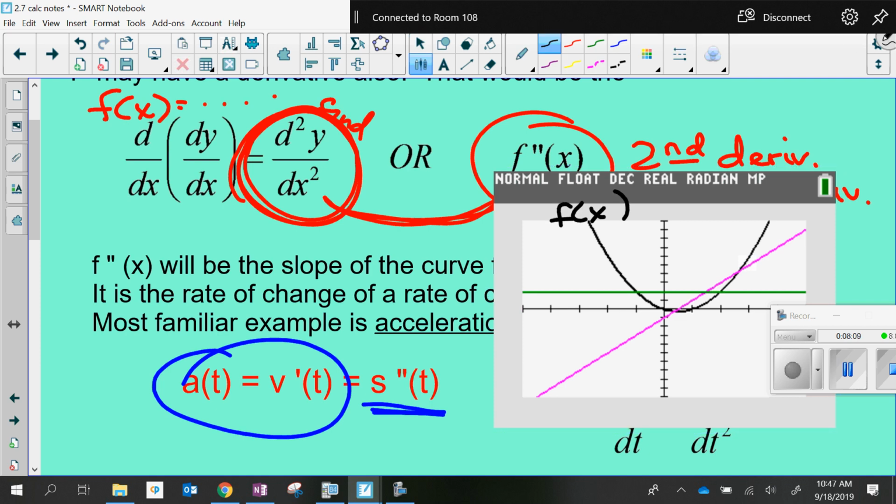Where, what's happening from here to about right this point? What is happening with that? What is it? Decreasing. Awesome. So f of x is decreasing there.